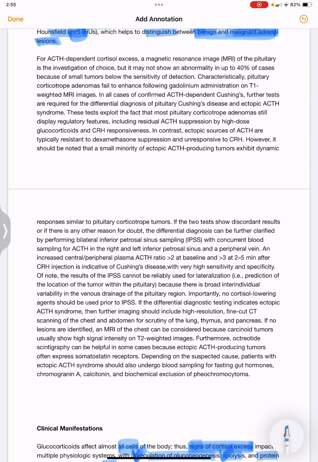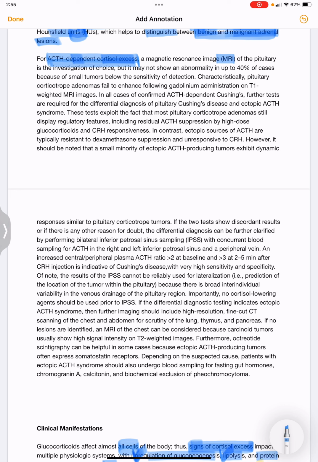For ACTH dependent cortisol excess, MRI of the pituitary is the investigation of choice.